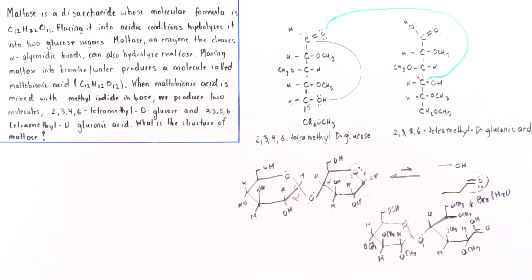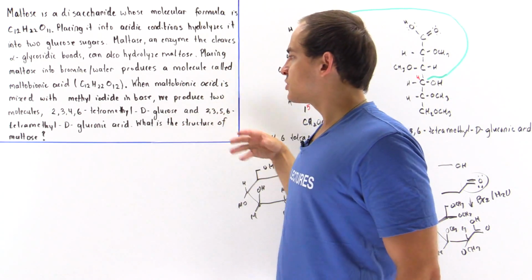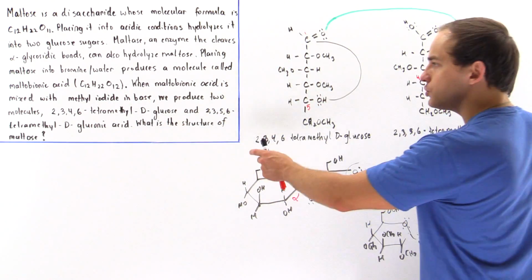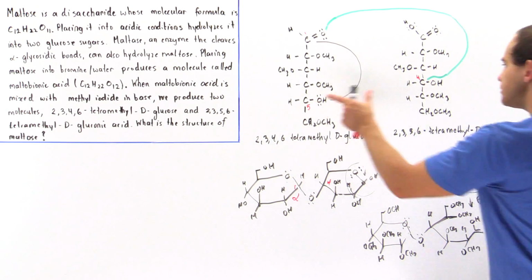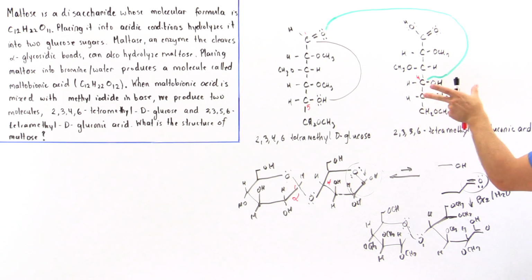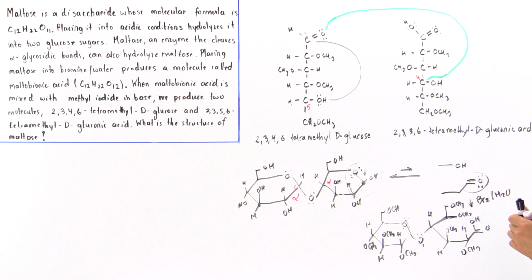So basically, when we take the methylated maltobionic acid, we hydrolyze it, and we produce the 2,3,4,6-tetramethyl D-glucose, this molecule, and the 2,3,5,6-tetramethyl D-gluconic acid.